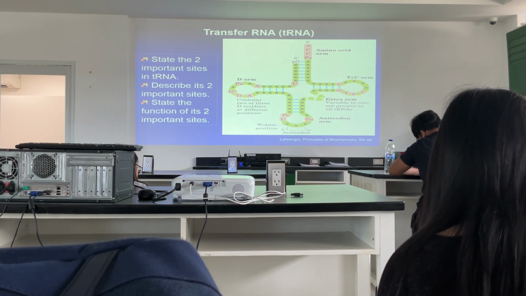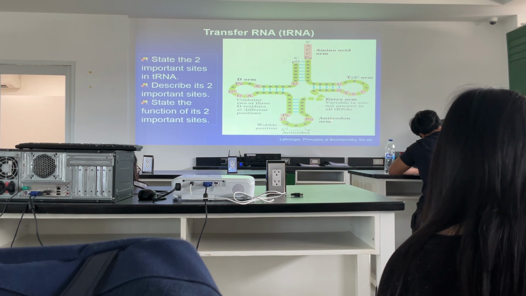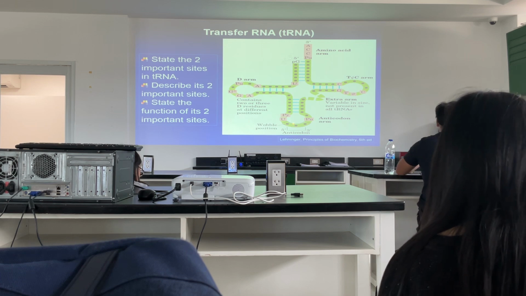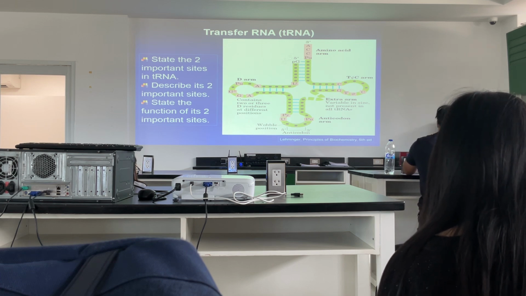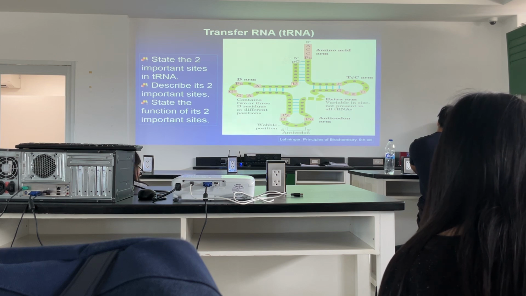The other important site is your anticodon arm. What is the importance of this anticodon arm? This is composed of 3 bases that will be complementary to the codon in the mRNA. So how does the tRNA know?